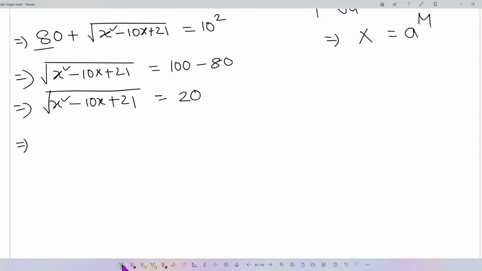So we will get x square minus 10x plus 21 equals 400. We can write squaring both sides.